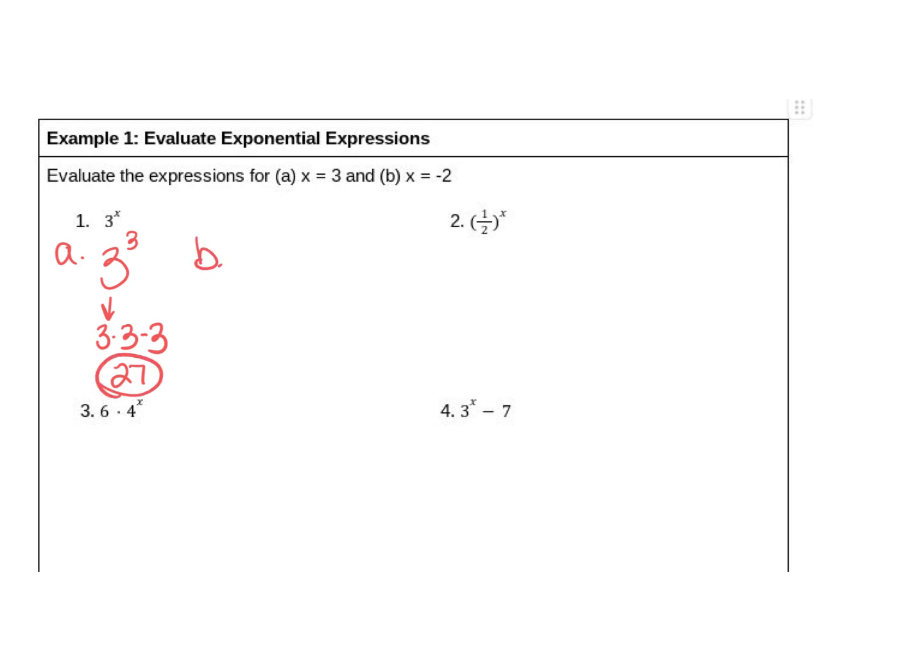B says x is -2. So now we're going to do 3 to the -2. So can't have a negative exponent. So we're going to put it on the bottom. 3 squared, 3 times 3 is 9. So you get 1/9.